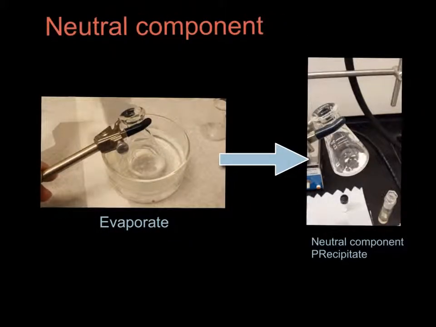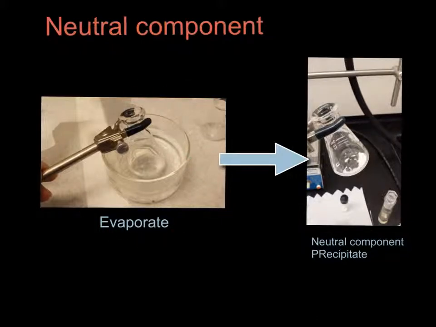Now the last step is to get the neutral component. The neutral component was left in the ether solvent throughout the whole extraction with the base and acid solutions, because the neutral component has no acid or base functional group. At the end, the neutral component was recovered by evaporating the ether solvent on a steam bath. I didn't take a picture of a steam bath, so this is what I have.